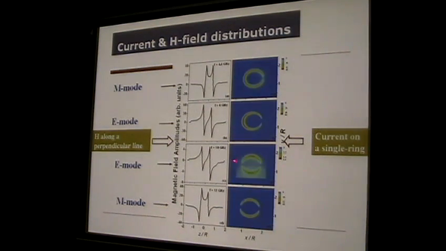The current is flowing like this, simultaneously, like this. And why do we have another splitting? Because in the perpendicular direction, the two rings are symmetrically coupled or anti-symmetrically coupled. This is again symmetric coupled, and anti-symmetric coupled. So that's why we have such rich EM wave properties in these structures.